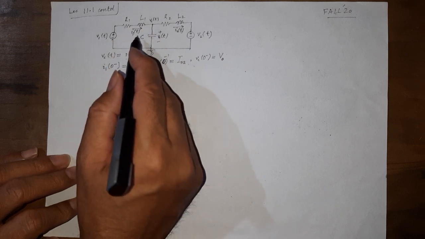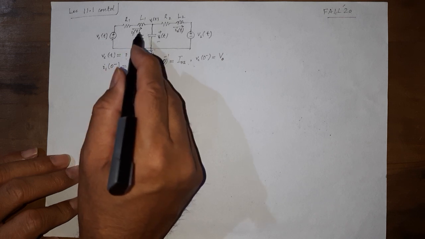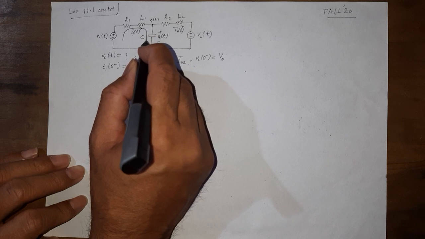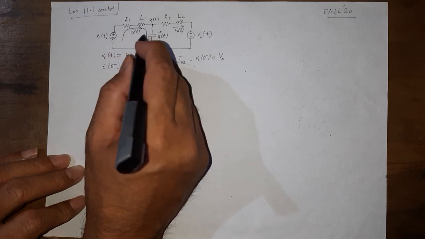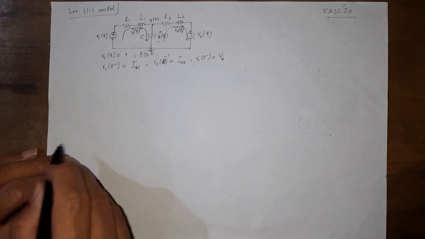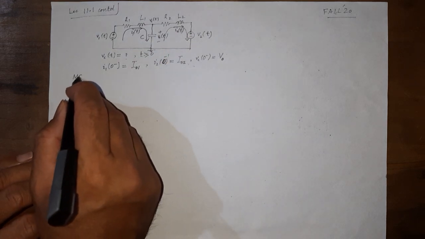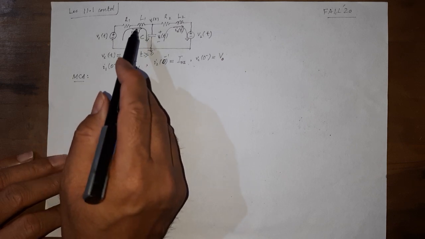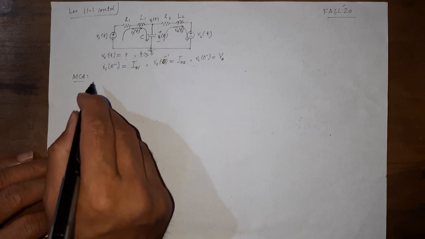So NVA is not very suitable here. Let us then use mesh current analysis. Let this mesh current be I1 and this mesh current be I2. MCA is a better fit here because of these L's and C's.